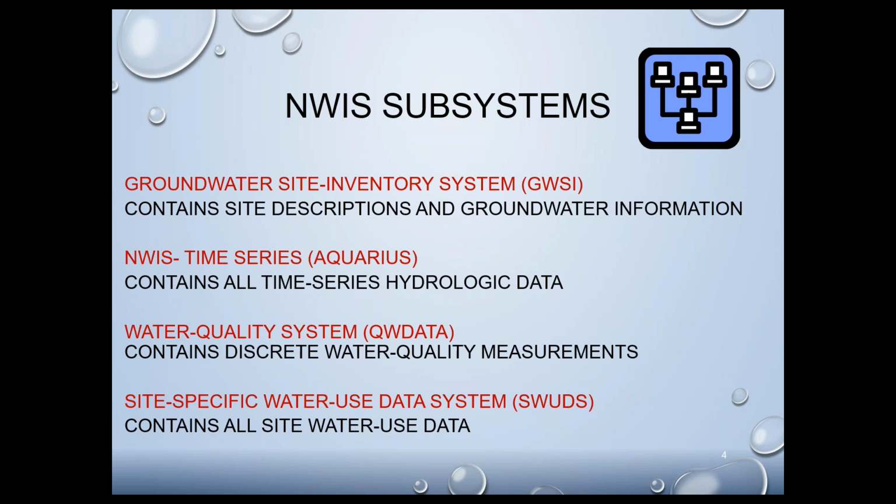This is programmed by Aquatic Informatics, and we use this. It contains all of our time series hydrologic data. Our water quality system, or QWDATA, contains discrete water quality measurements. And finally, the site-specific water use data system, or SWUDS, contains site water use data.